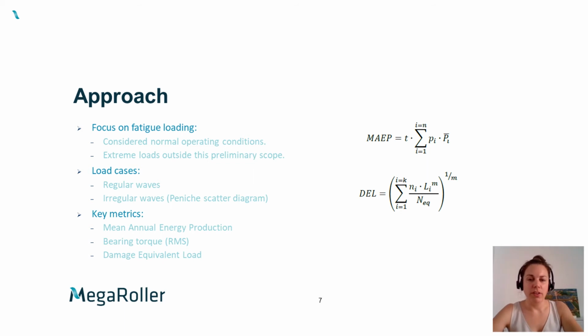For survivability, we look at the bearing torque and compute the root mean square value of it. This gives an initial approximation of the magnitude of the torque loading, and that's judged acceptable in operating conditions. A second metric that we look at is the damage equivalent load that gives an accurate measure of the fatigue loading.